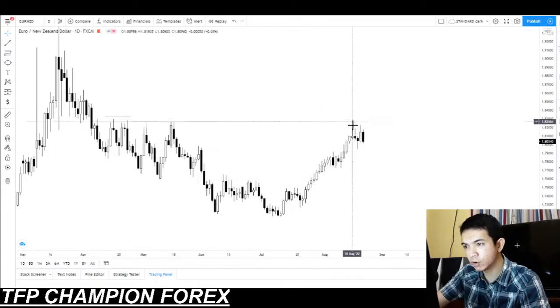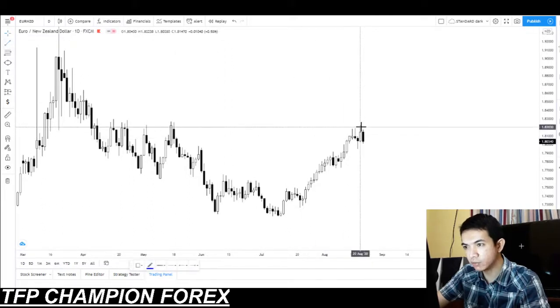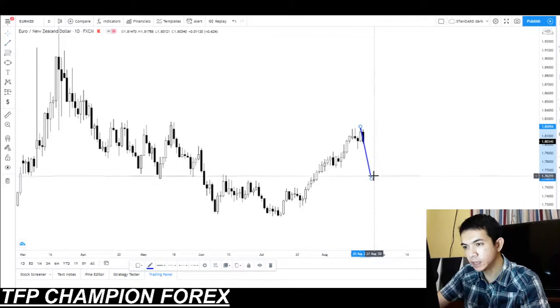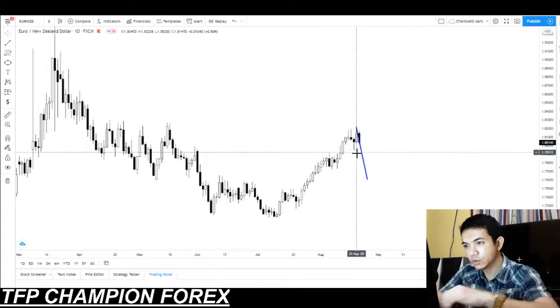So that is our higher high. So definitely we expect the market to have a correction or retracement for another higher low, right?